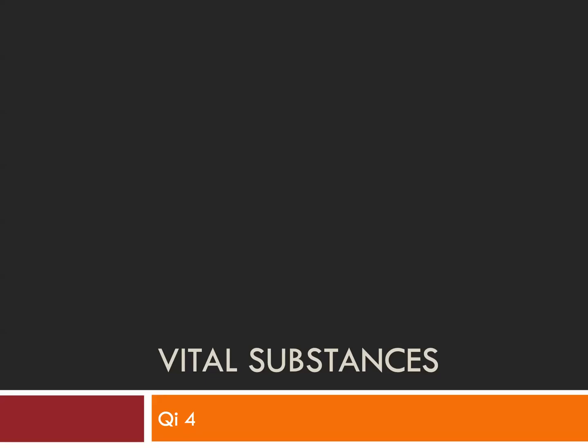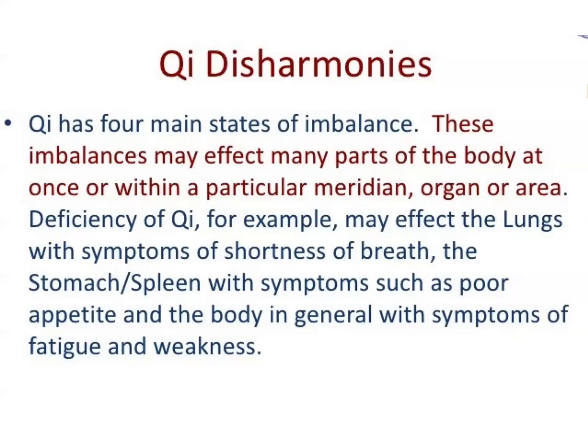Today we continue, and we talk about chi disharmonies. Chi has 4 main states of imbalance.